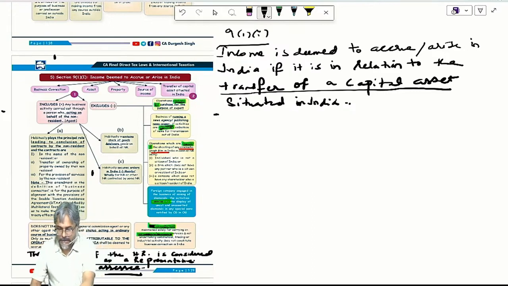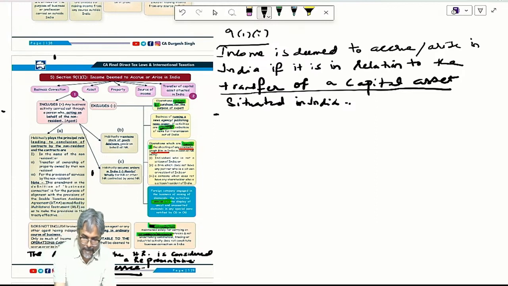Fine, students? A capital asset situated in India.